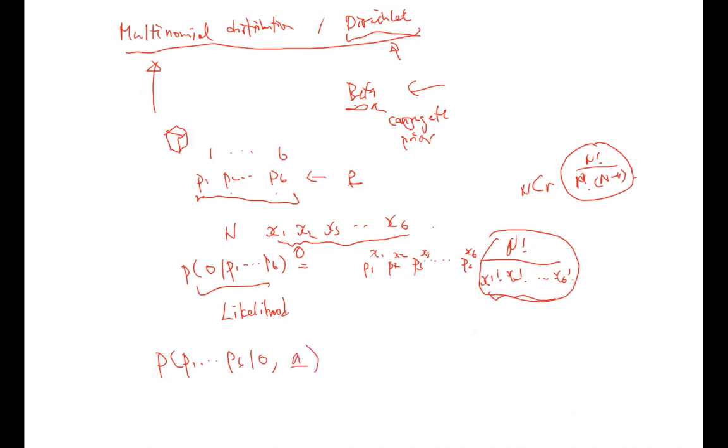This is the prior here, and this will be proportional to, of course, the likelihood function here, P(O given P1 to P6), and then I have this prior P1 to P6 here, and this will be somehow parameterized by this A here.